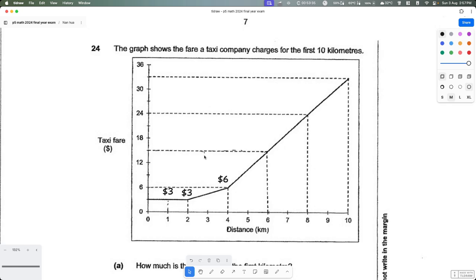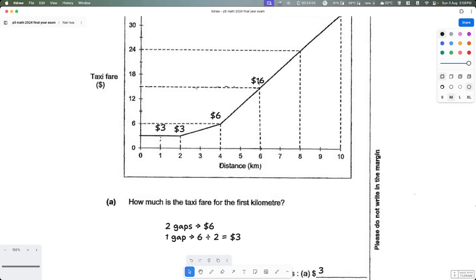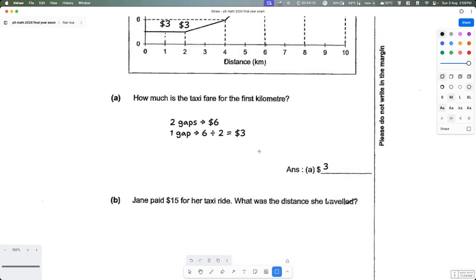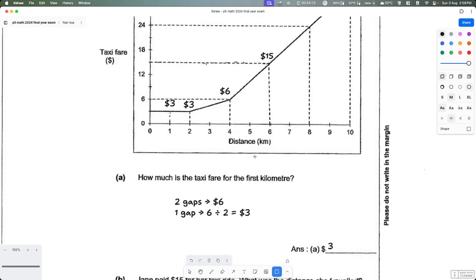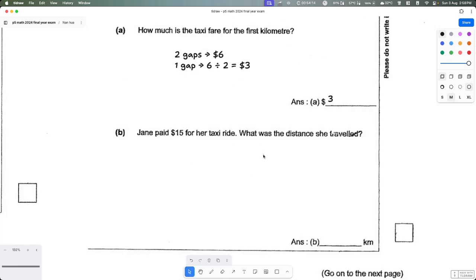So 4 kilometers is $6. Over here, between 12 and 18 it is plus 3, not 16, my mistake. So 12 plus 3 is $15. So from the graph, 6 kilometers is $15. The answer is 6 kilometers.